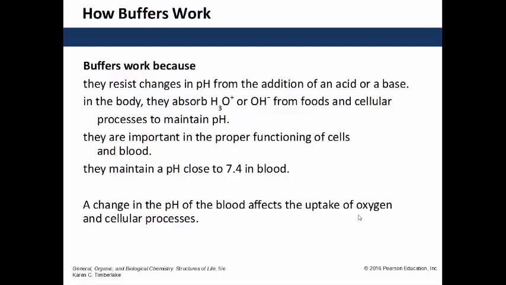The pH of your blood should only be between 7.35 and 7.45. If it gets lower than that, you're going to have serious problems. If you have a pH higher than that, you're going to have some serious problems. So you have these various buffer systems that are used to maintain a really tight window of pH that your blood can handle. Because if you have a change in pH of the blood, this will affect how well you take in oxygen to the cells.